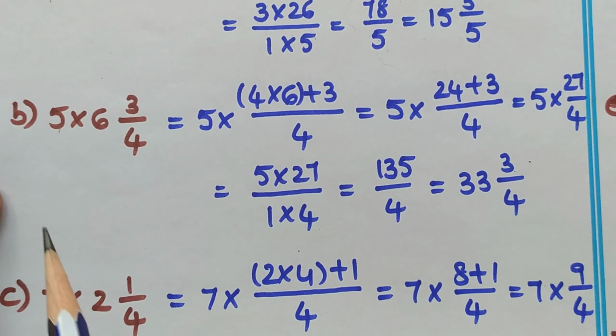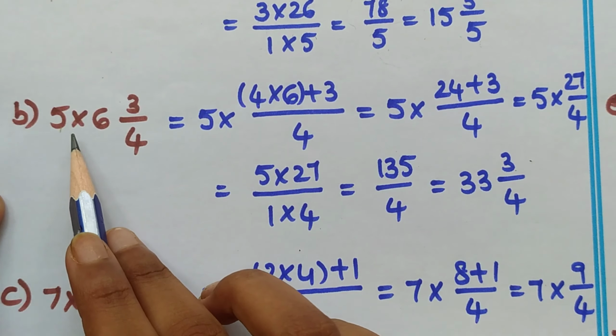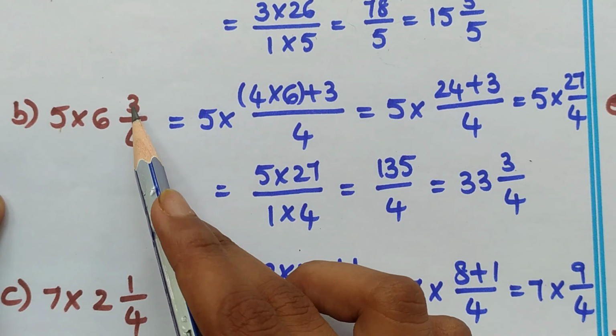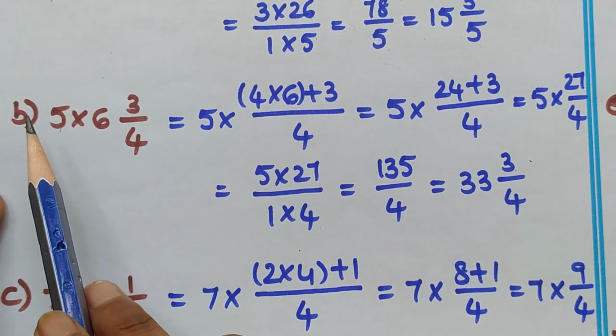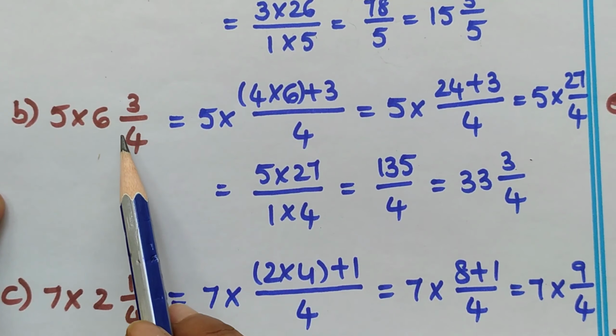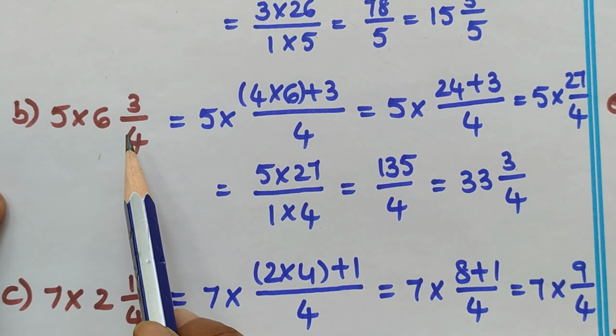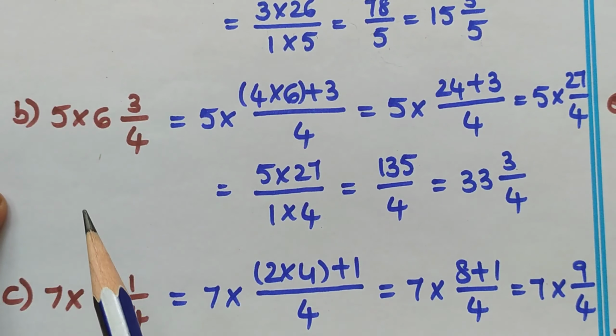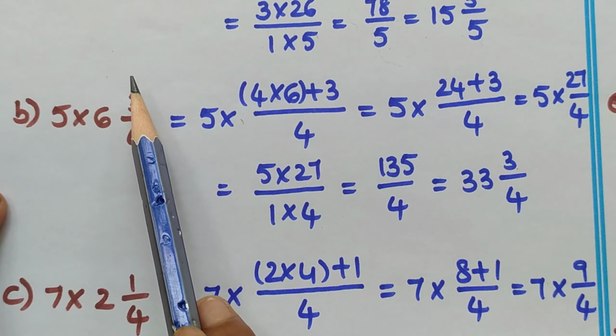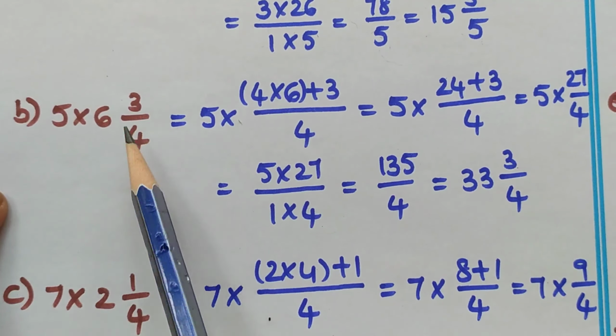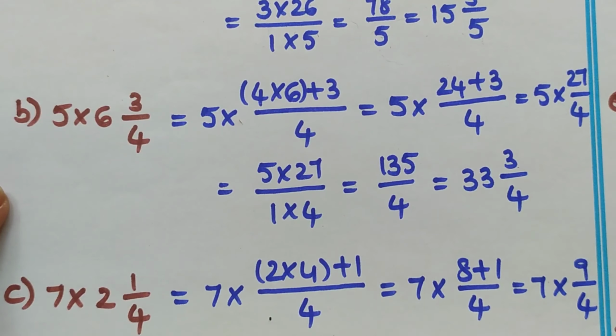Okay friends, now let us see the b bit. 5 into 6 3 by 4. So 5 into 6 3 by 4 should be converted into an improper fraction. Now let's convert this mixed fraction 6 3 by 4 into an improper fraction.